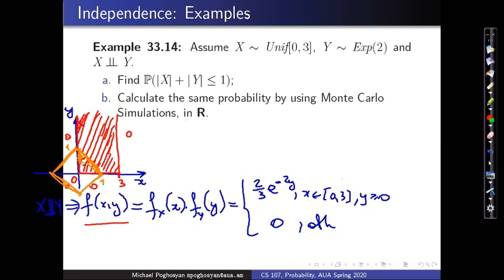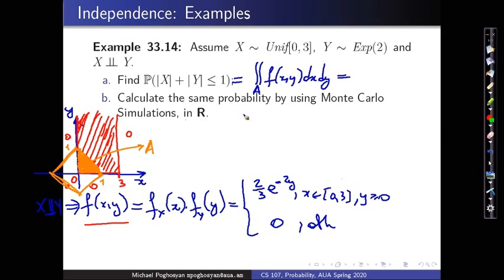So we will have just this region for integration. If we denote this triangle by A, then this probability will be the double integral over A of our joint PDF, f_XY dx dy.